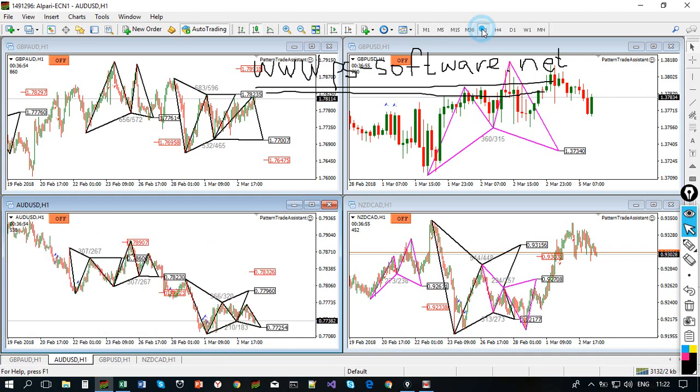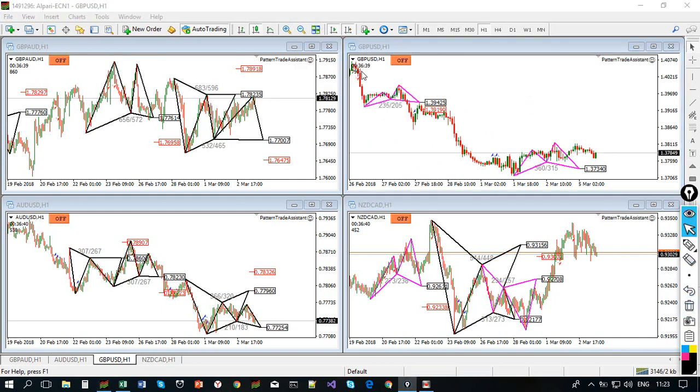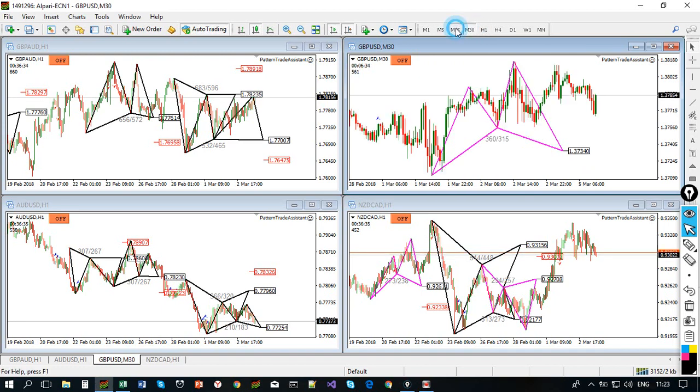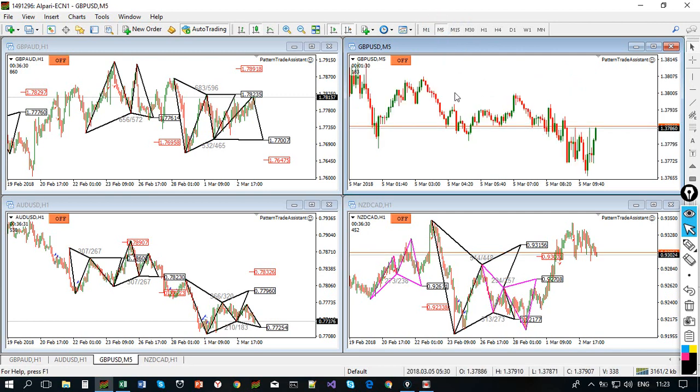Okay, then let's go here, that 31.5 is the pound dollar. 79, it says that it should be executed at 31.5, 38 on the 5-minute time frame.